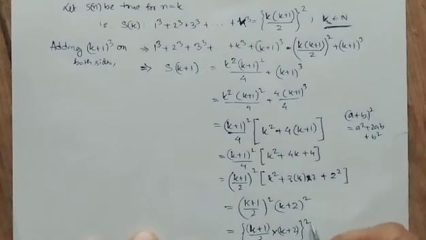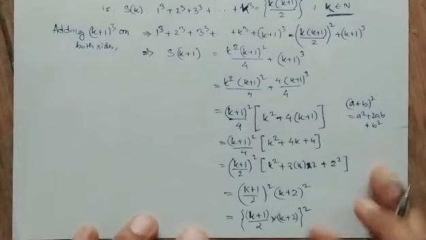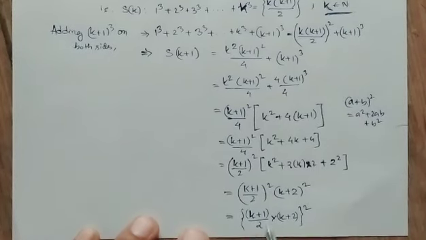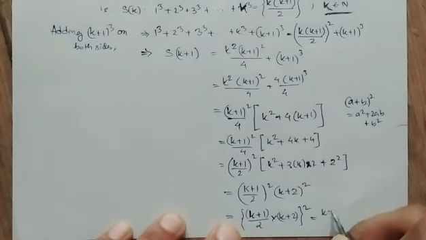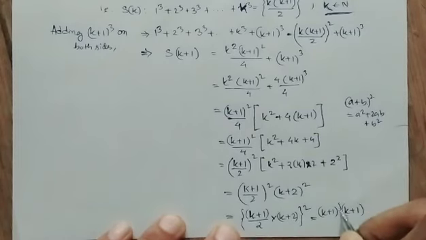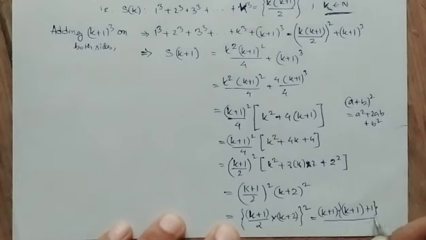We just took the power common. (k+1) by 2, (k+1) by 2 into (k+2). And you can write this term as k plus 1, and you can write the (k+2) term as k plus 1 plus 1. And this was all that we needed to obtain.